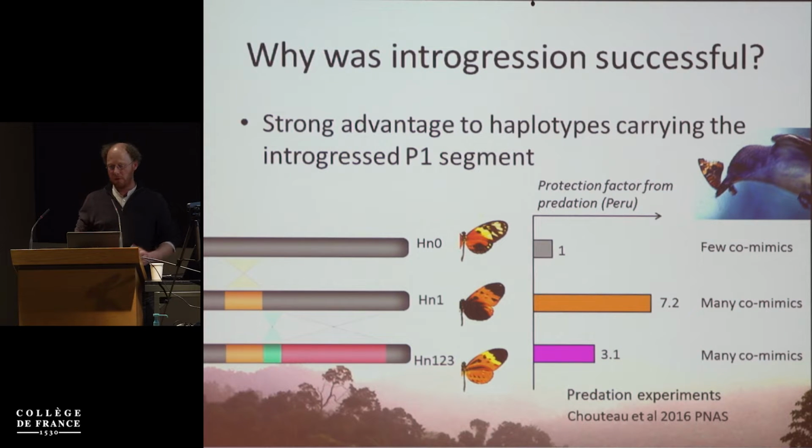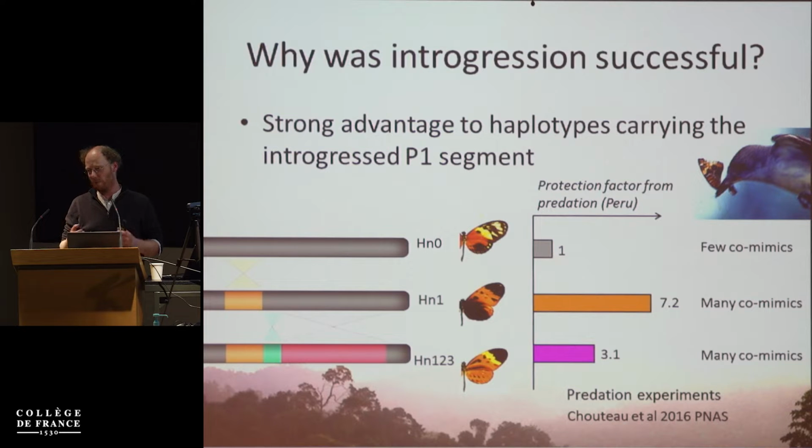So why was this introgression successful? We think it's because it has a strong advantage associated with the inversion itself. So if you look at protection from predation, using clay models, you can show that the standard haplotype form has a very low protection, while the inverted haplotype forms all receive very strong protection from predation.